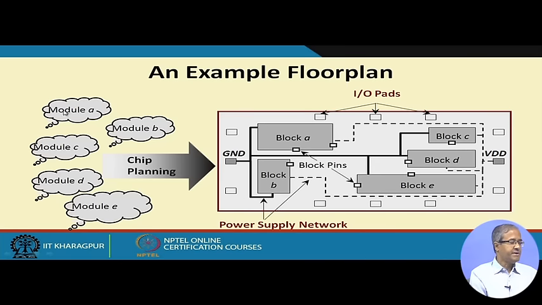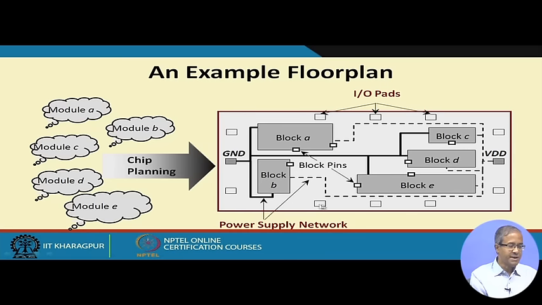On the left, we show some modules that we are trying to place, and this rectangular region on the right is our silicon floor. These 5 blocks we place like this: block A, B, C, D, E. These are our tentative floor plan. Now, there is another thing which we are also showing here, which may or may not be done in the floor planning stage.